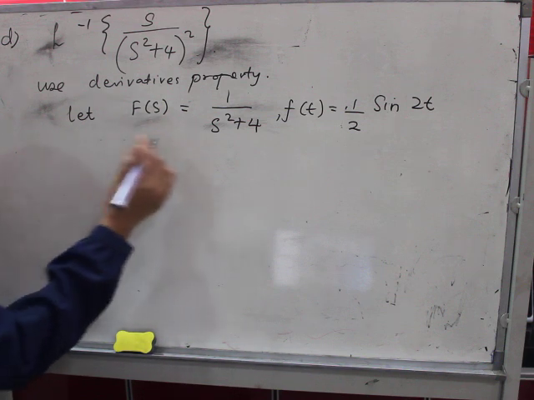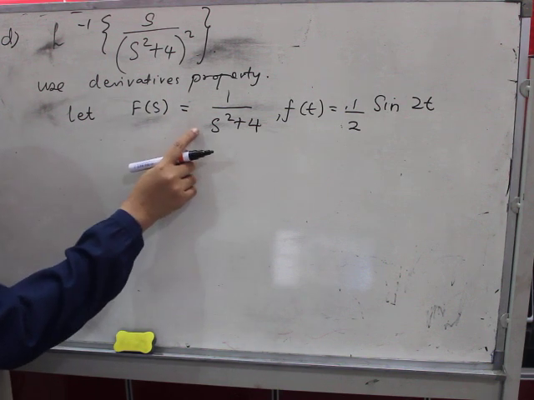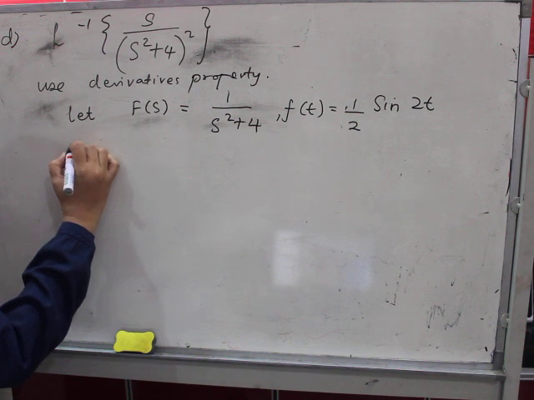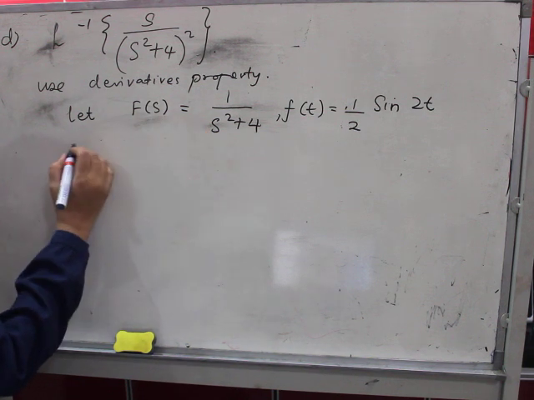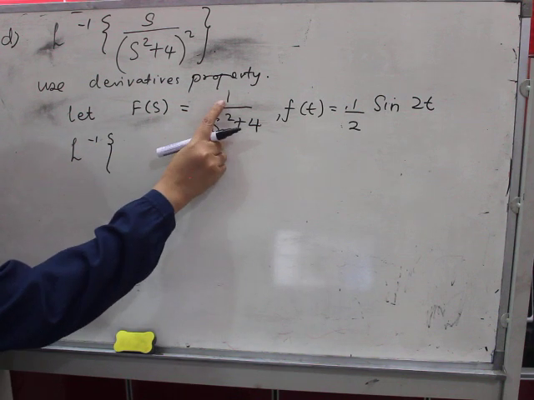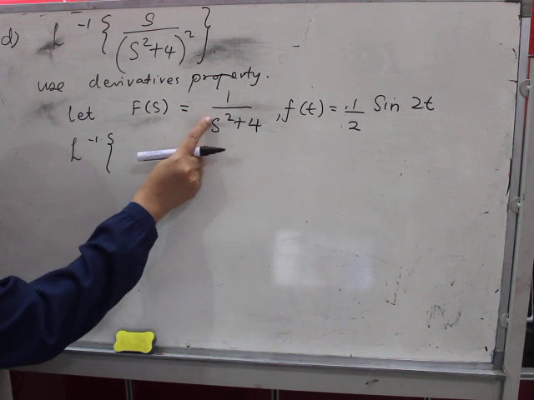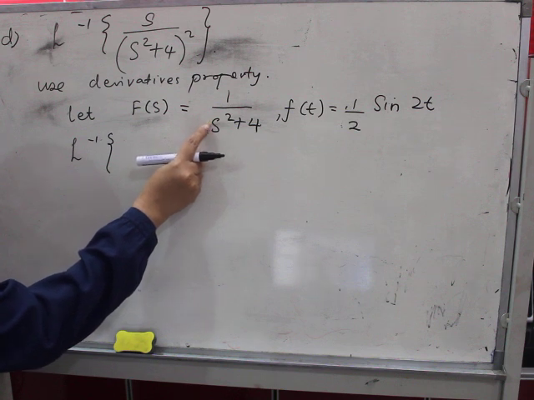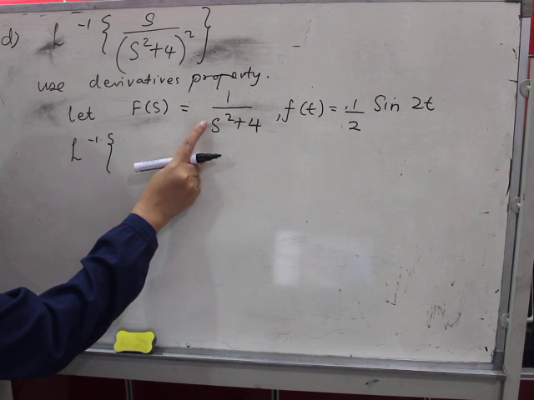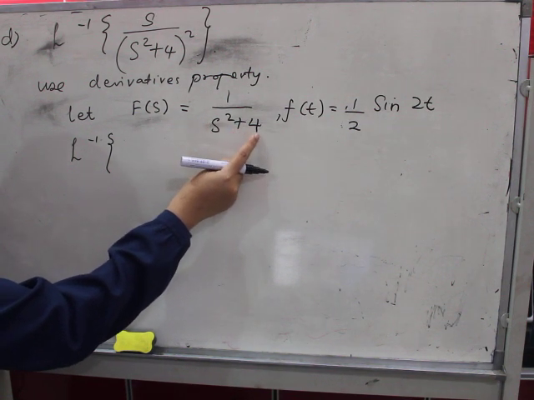Okay, so now we differentiate this. That means we differentiate Fs. How do you differentiate this? You can use the quotient rule, or you just bring up s square plus 4.